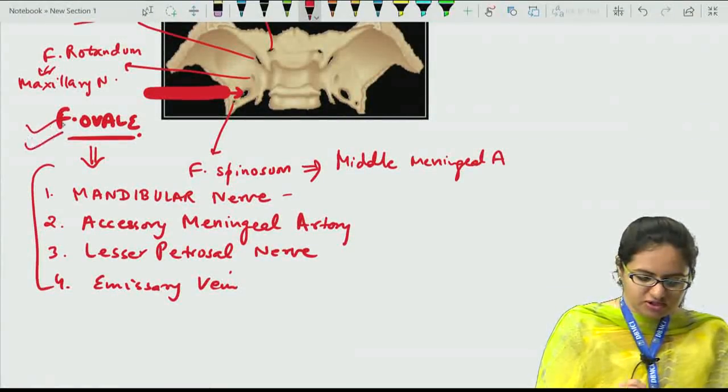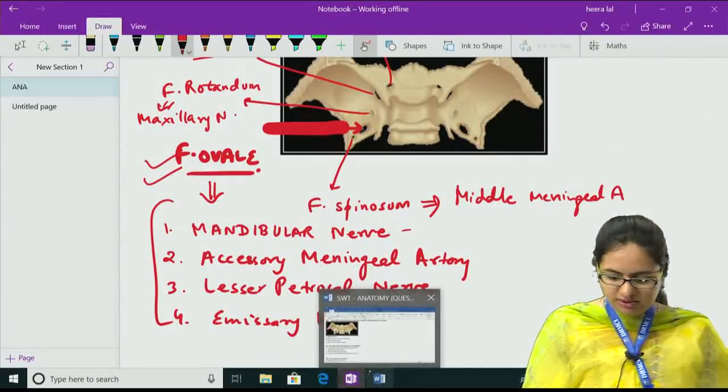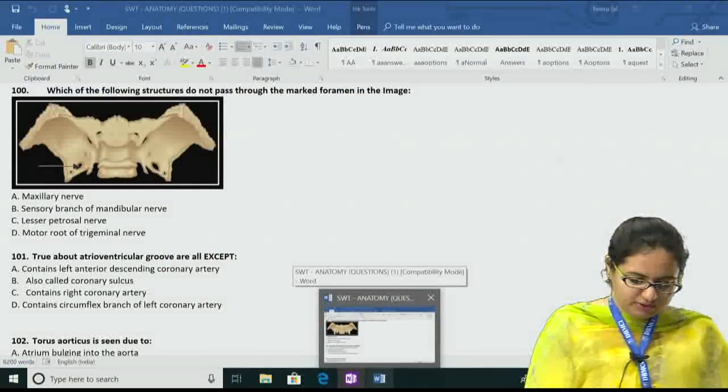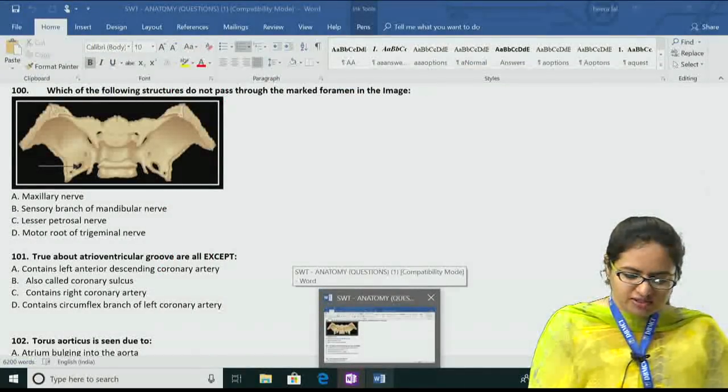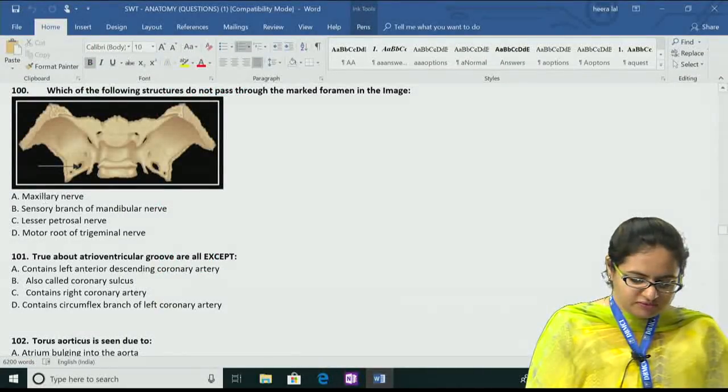So these are the structures which pass through the foramen ovale. If we come back to the question, which structure does not pass through this foramen? Here we can see option A, the maxillary nerve. The maxillary nerve does not pass through this foramen. The rest of the structures pass through it.